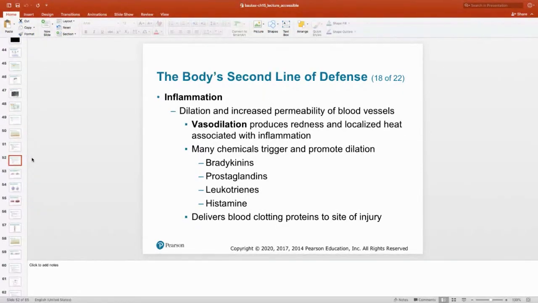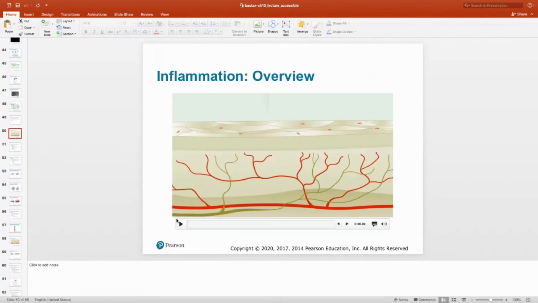So what happens with inflammation? Let's look at the video. Trying to find the video. There we go. I was looking at some of these videos from Pearson earlier today, and embedding them seemed to be easier than going directly to them.